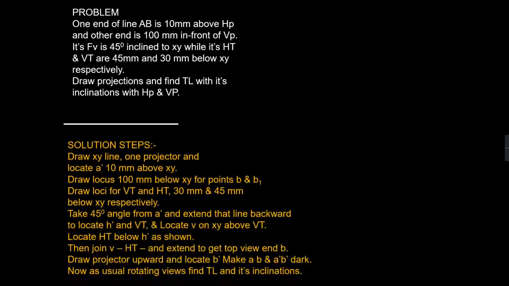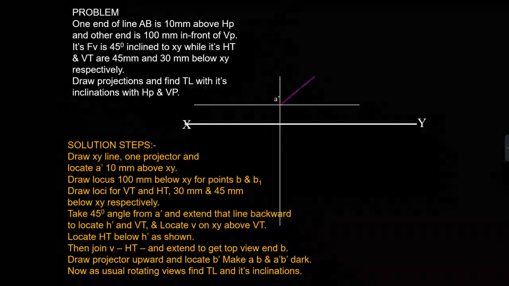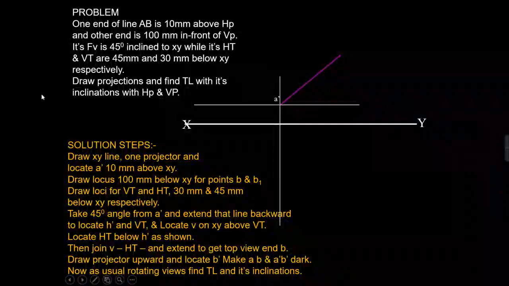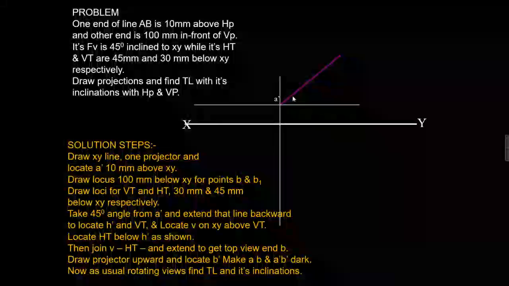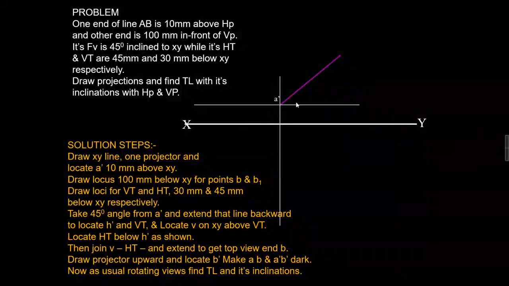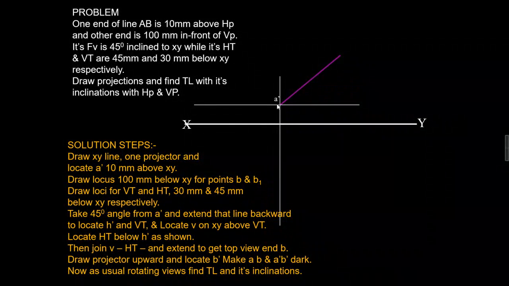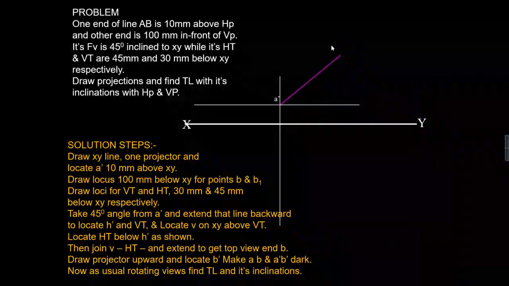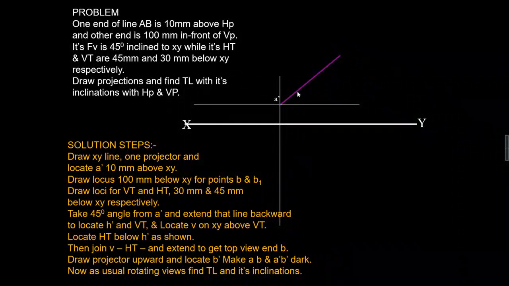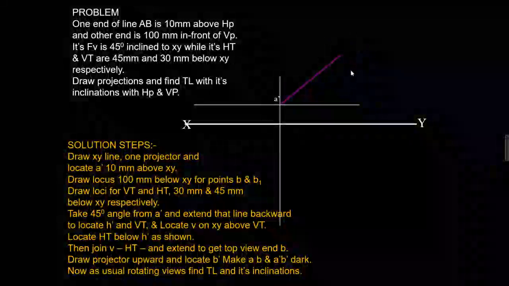So first of all, again we will mark the point A. This is 10 mm above the HP, and I know the inclination of the front view of the line is 45 degree. So we don't know the position of point B; we will find that out later on.